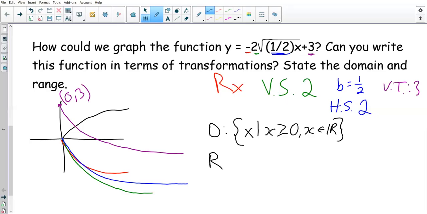For my range, what's changed now? Well, there's 2 things that have changed. I flipped it upside down, so I'm going down to negative infinity, and I've also slid it up by 3. So now y is less than or equal to 3, and y is contained in the reals.